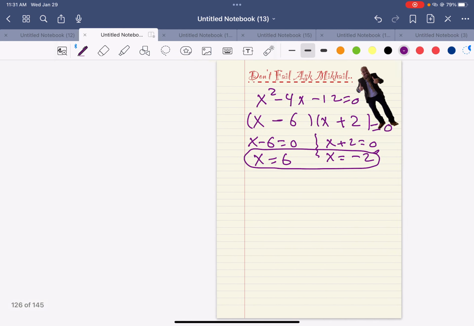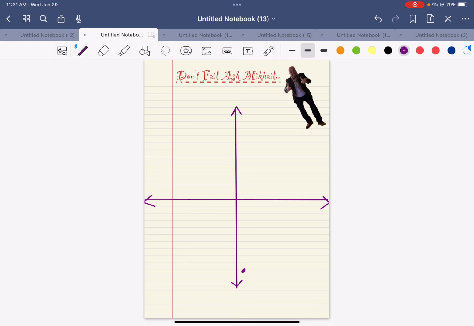The axis of symmetry, first of all, is the symmetric line, and it's a dotted line. That is the axis of symmetry.